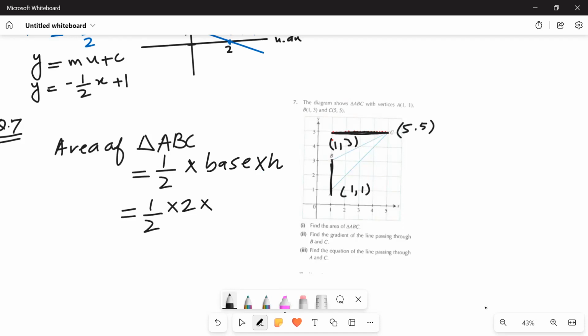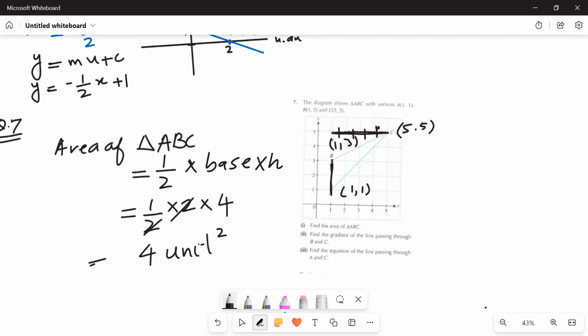From the base, how many units up to the point C? How many blocks inside from A to C? Four. Yes, it is 1, 2, 3, 4. So the area is 4 unit square, right?